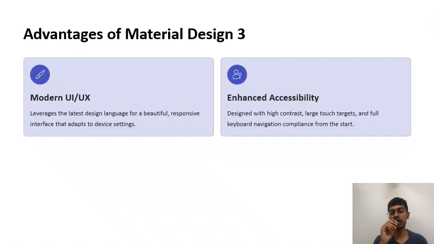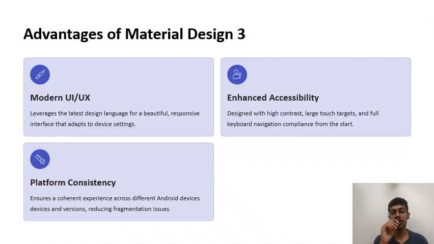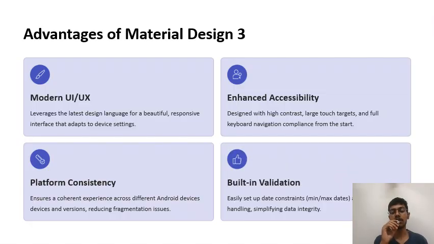And also it enhances accessibility, designed with high contrast, large touch targets, and full keyboard navigation compliance from the start. It gives us platform consistency, ensuring a coherent experience across different Android devices and versions, reducing fragmentation issues. And it also has built-in validation, letting us easily set up date constraints to simplify data integrity.